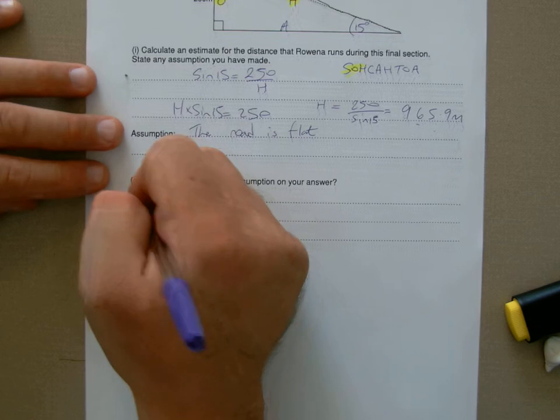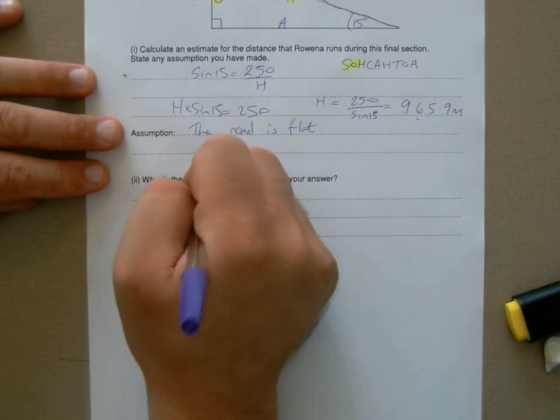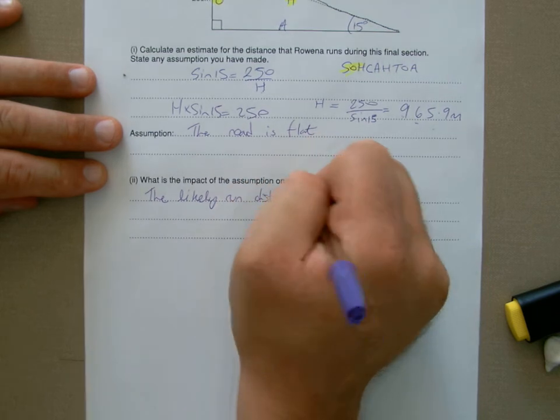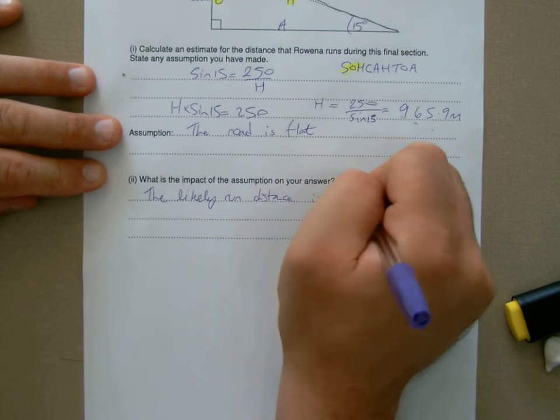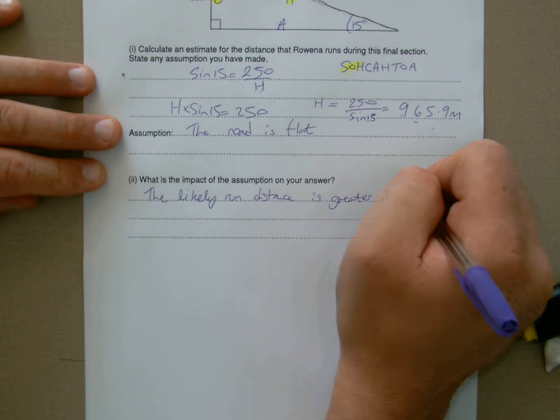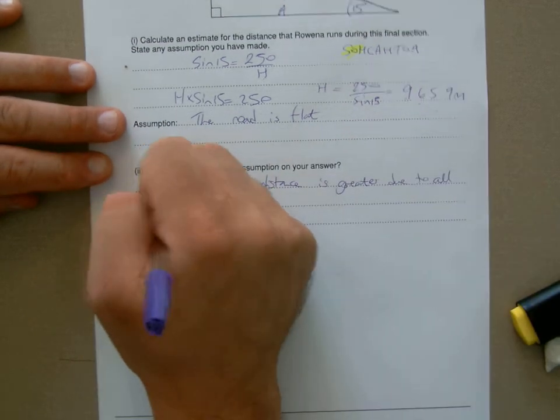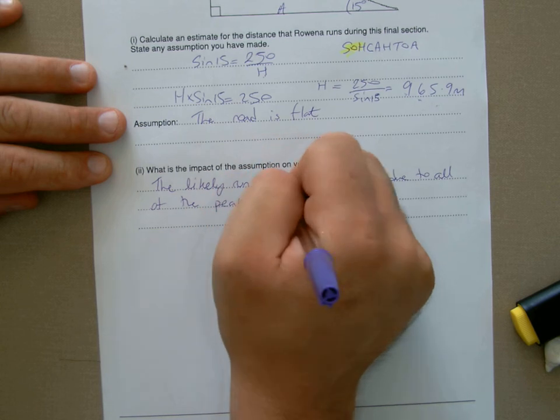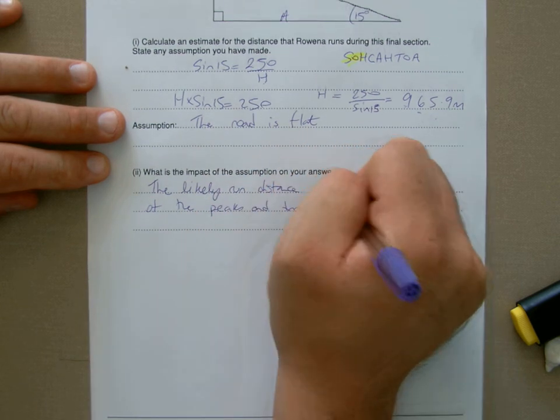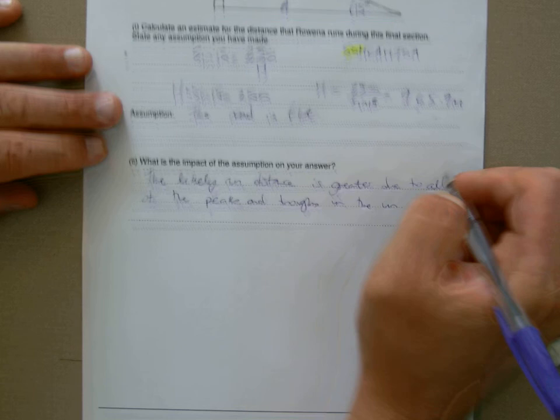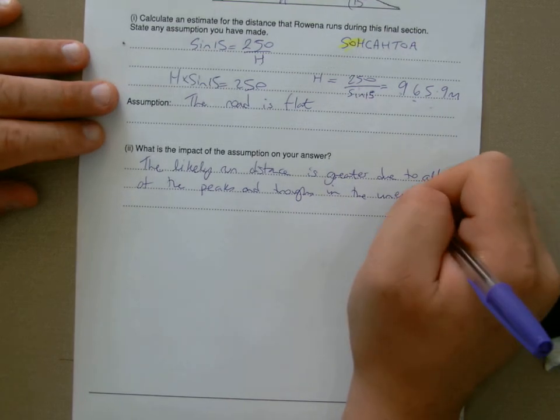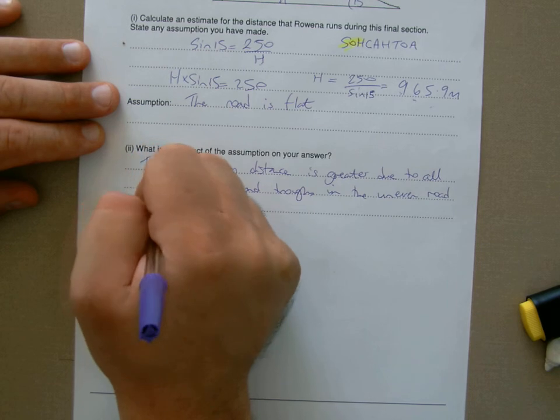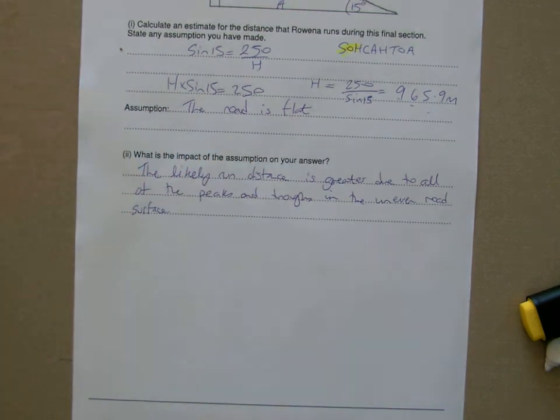So the likely run distance is greater, due to all of the peaks and troughs in the uneven road surface. Okay, so it's going to be slightly greater. It won't be that much greater, but it probably will be greater.